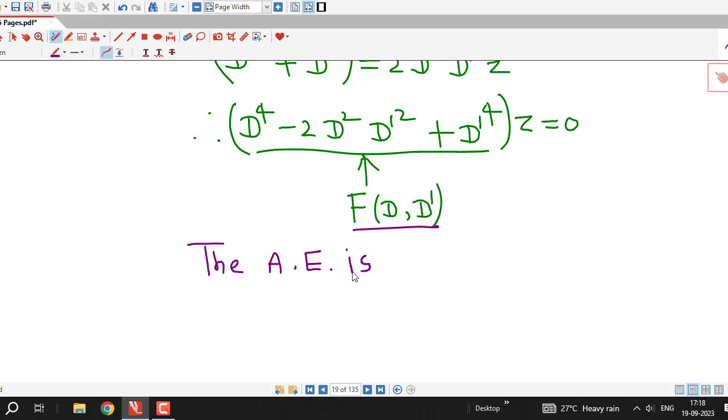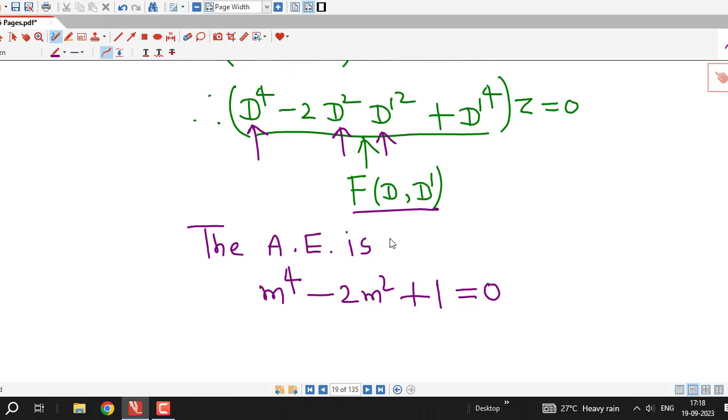The auxiliary equation is m raised to 4 minus 2 times m square plus 1 equal to 0, where D is replaced by m and D dash is replaced by 1.